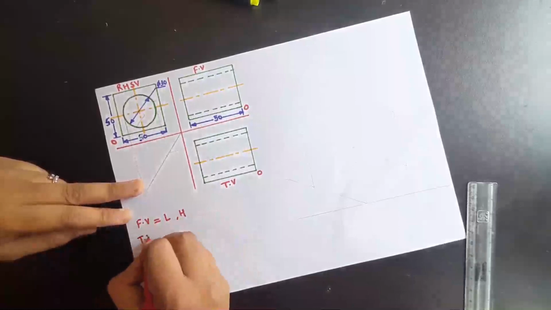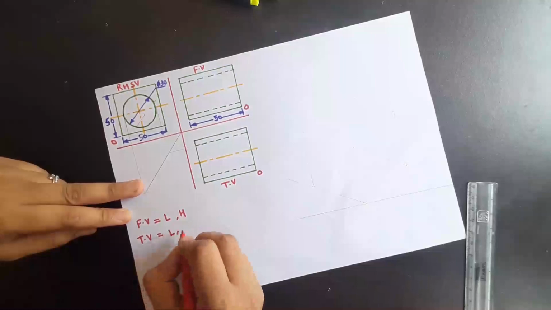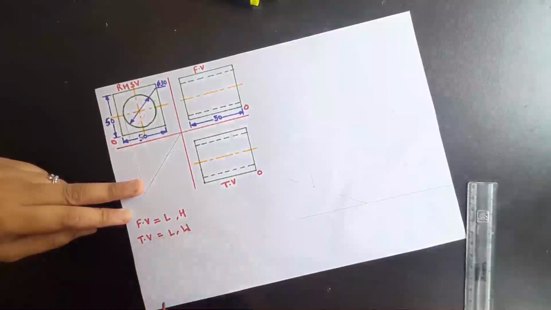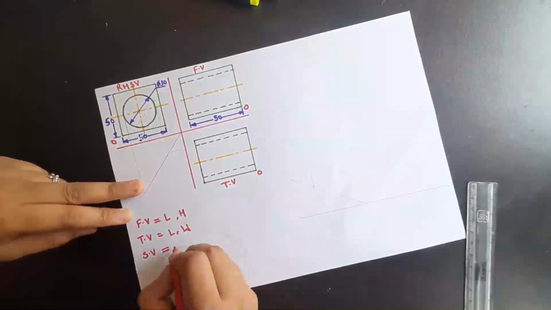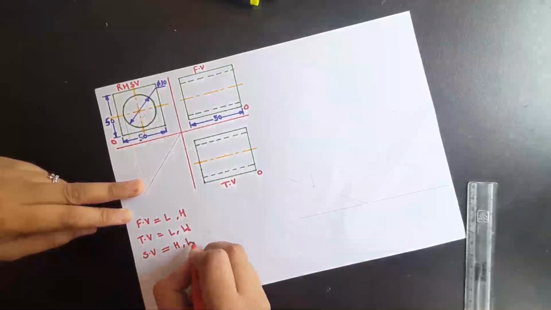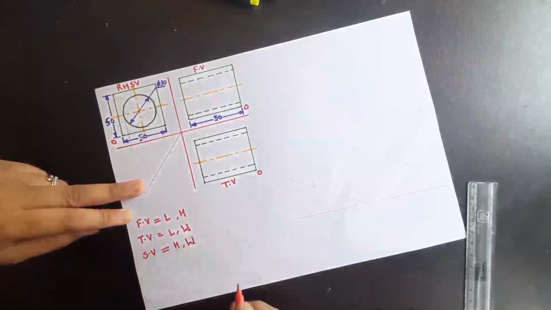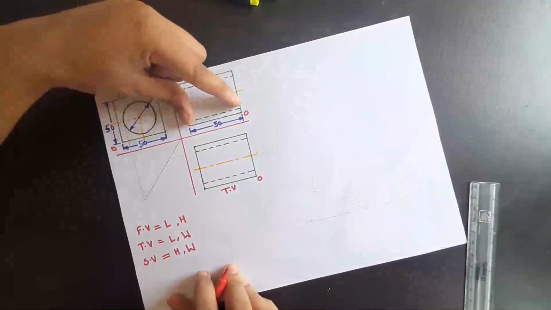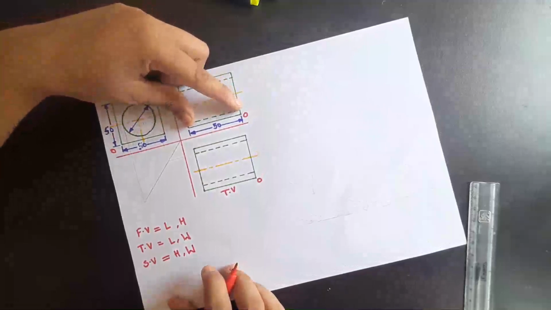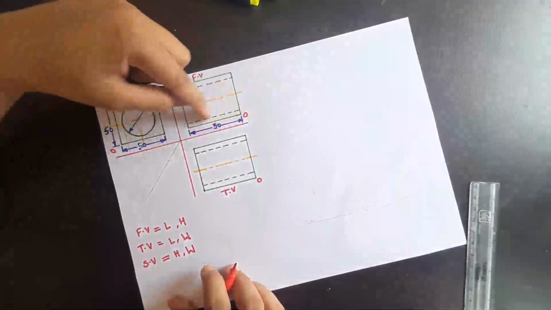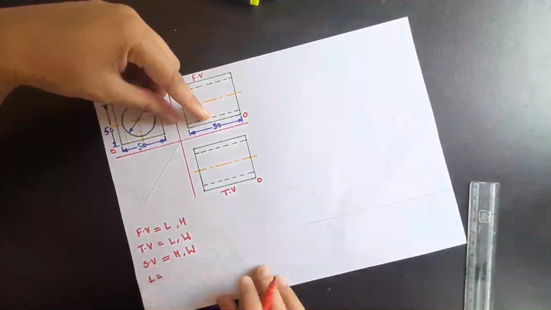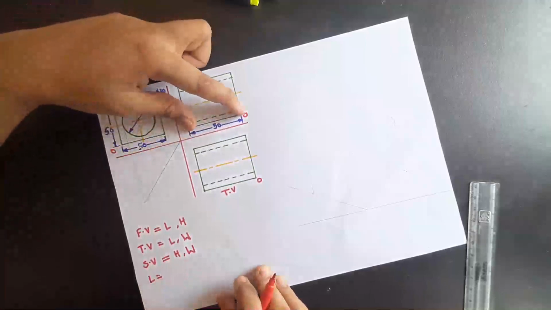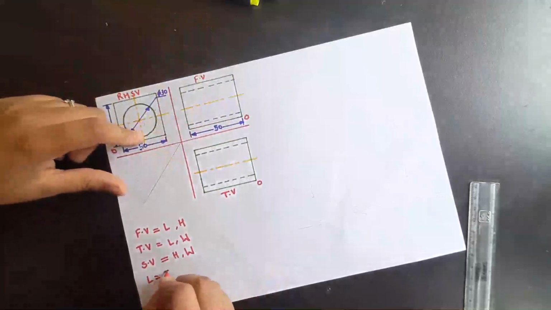In the top view, length and width will be visible, while in any side view, whether it is left hand side view or right hand side view, height and width will be visible. Length is always taken in a horizontal manner, so this is our length. So we can say that length is equal to 50 mm because the maximum distance over here is 50 mm.